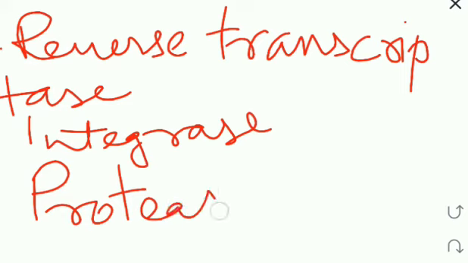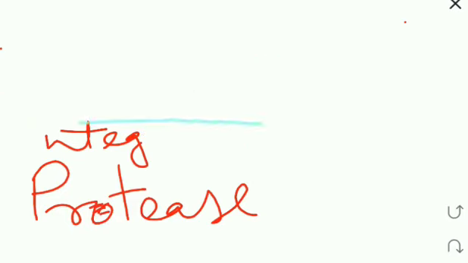These are the three main proteins, and then there are some other smaller proteins too. So we rub this off, and we will see how each of these proteins functions when we talk about how it replicates. So now we will start learning about how it replicates step by step.